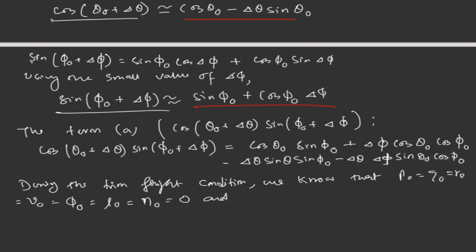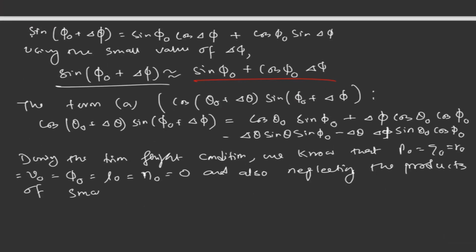And we can also neglect the products of small disturbed variables, which are basically delta theta and delta phi.